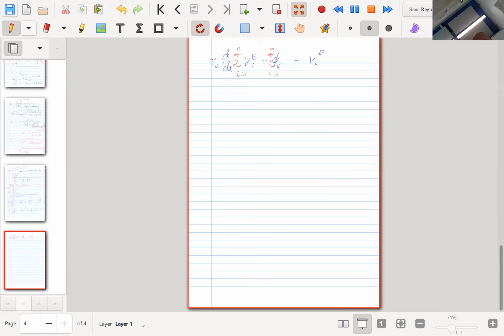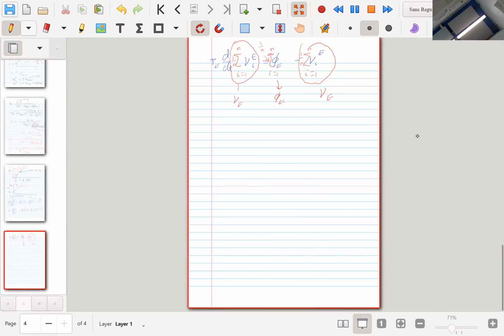I don't have room, but we want to put a 1 over n in there. So this quantity here is just equal to phi_E. Nothing changes, phi_E doesn't depend on i. And this quantity here is nu_E. This is the average firing rate by definition. This is also nu_E.